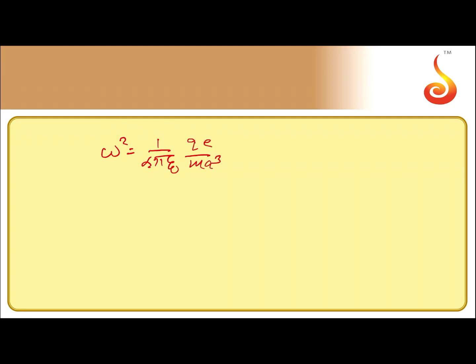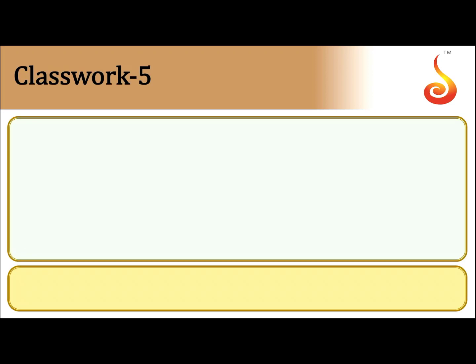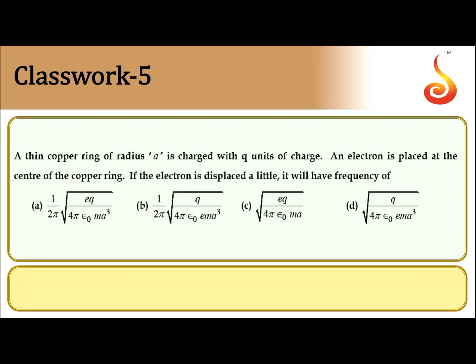We get the frequency of oscillation as 1 by 2 pi square root of QE divided by 4 pi epsilon naught m a cube. That's the frequency of oscillation, and that corresponds to option A.